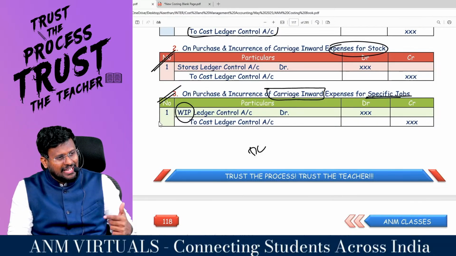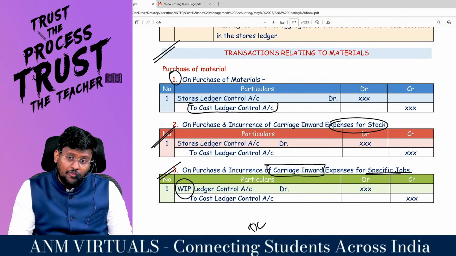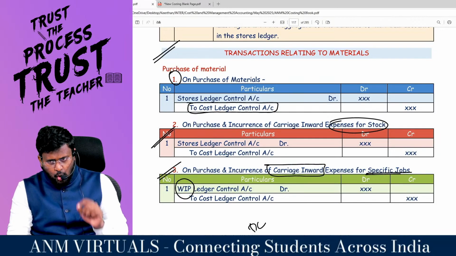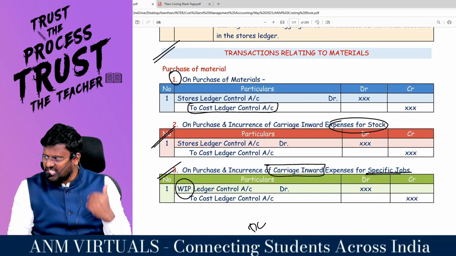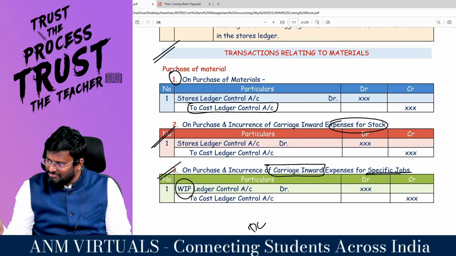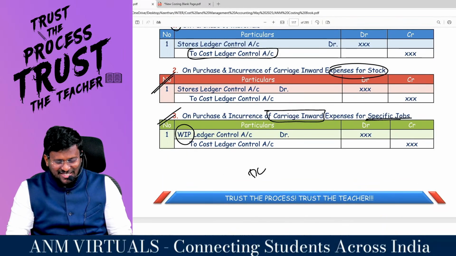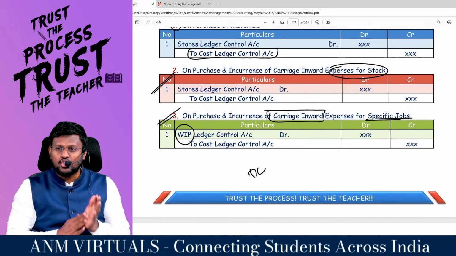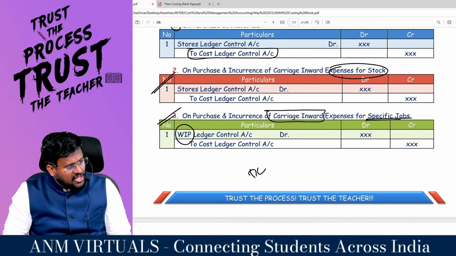Shall I repeat the transaction? Can you say the journal entry? Purchase of material. Stores ledger control account debit to cost ledger control account. Participate along with me even if you are at home. On purchase and incurrence of carriage inward expenses for stock, stores ledger control account debit to cost ledger control account.